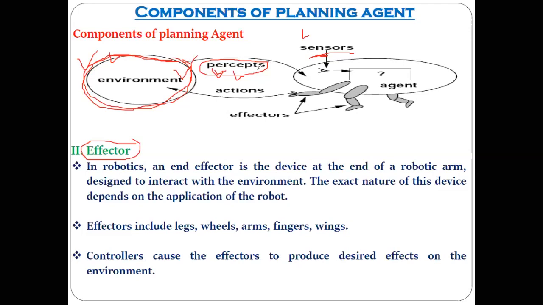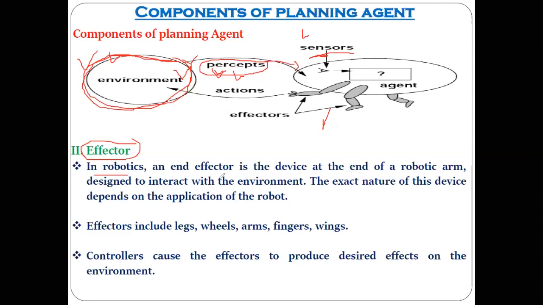Yes, sir. Understood. Now that effect is conducted by using your hands, yes or no? Effect is conducted by using your hand, as you are putting your hands on your ears, yes or no? Yes. Understood. So effector is nothing but the performing, it performs some kind of action after sensing something.